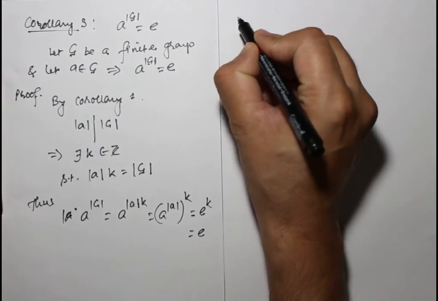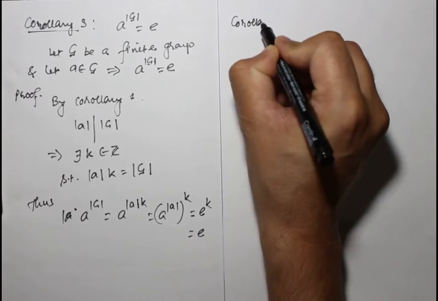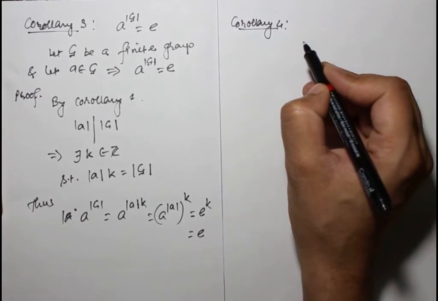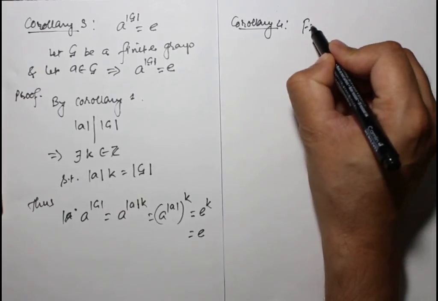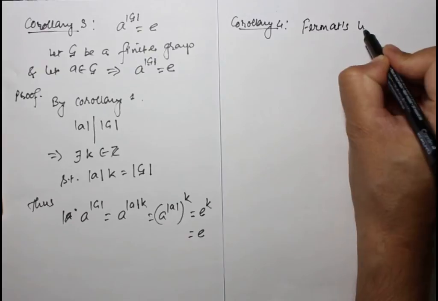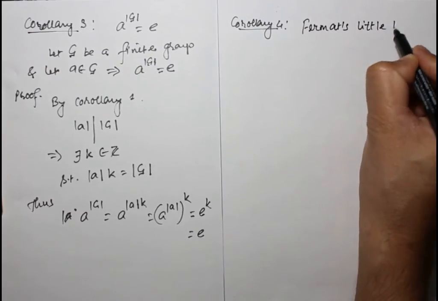Now corollary fourth. This is Fermat's little theorem.